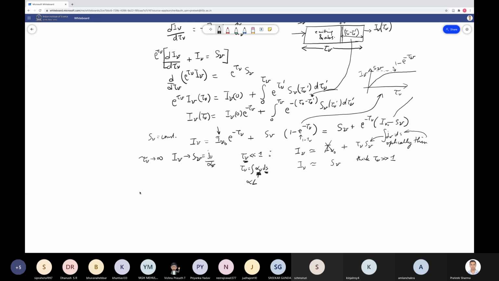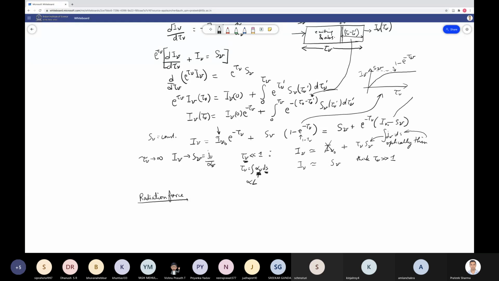Okay. So, just the last thing in this class I would like to mention is something called radiation force. Photons carry energy, and they also carry momentum. So if the photons are absorbed by matter, they can transfer momentum to matter.